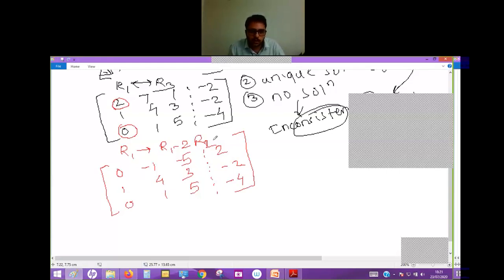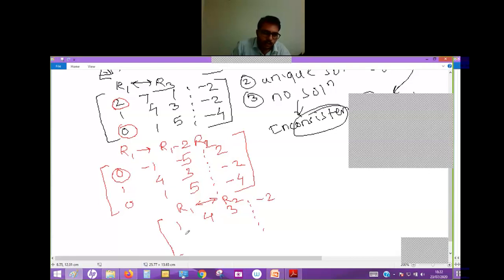This I am doing just for practice. Now, I know that 0 should not be there. There should be a non-zero entry here. So again what I will do, I will be exchanging R1 with R2, and that will be giving me here 1, 4, 3, and here will be minus 2.